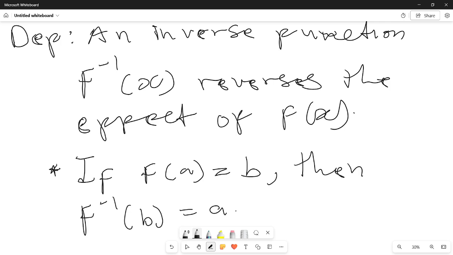So basically, we are saying that it reverses the effect of the function.